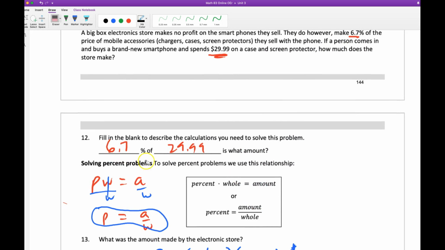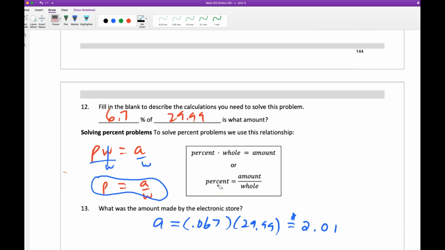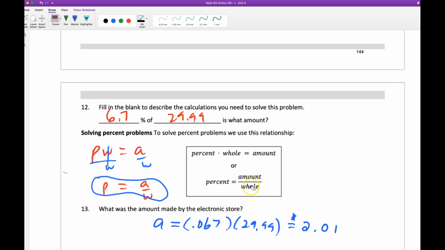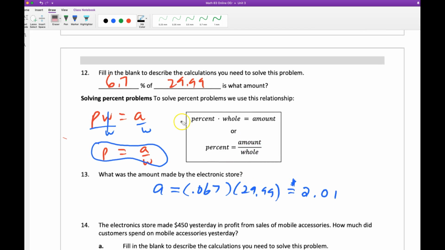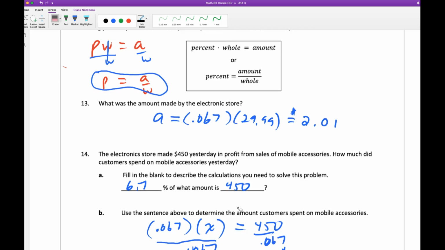Another way to think about it is that percent can be calculated by an amount divided by the whole, so that's a fraction. In this case, the first problem is solved by taking 6.7% of this. You multiply. The key is turning that percent into a decimal, and that's what we practiced earlier.